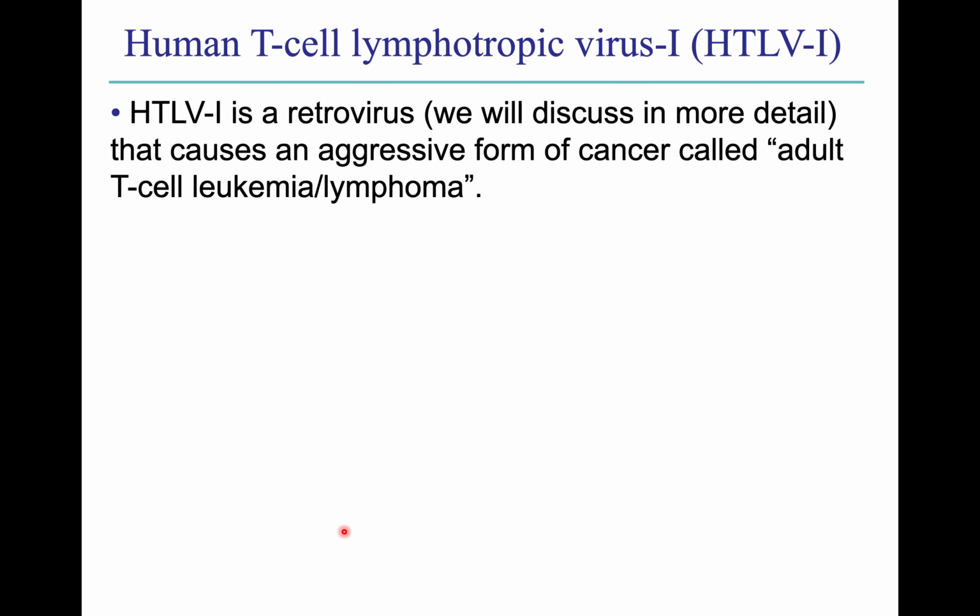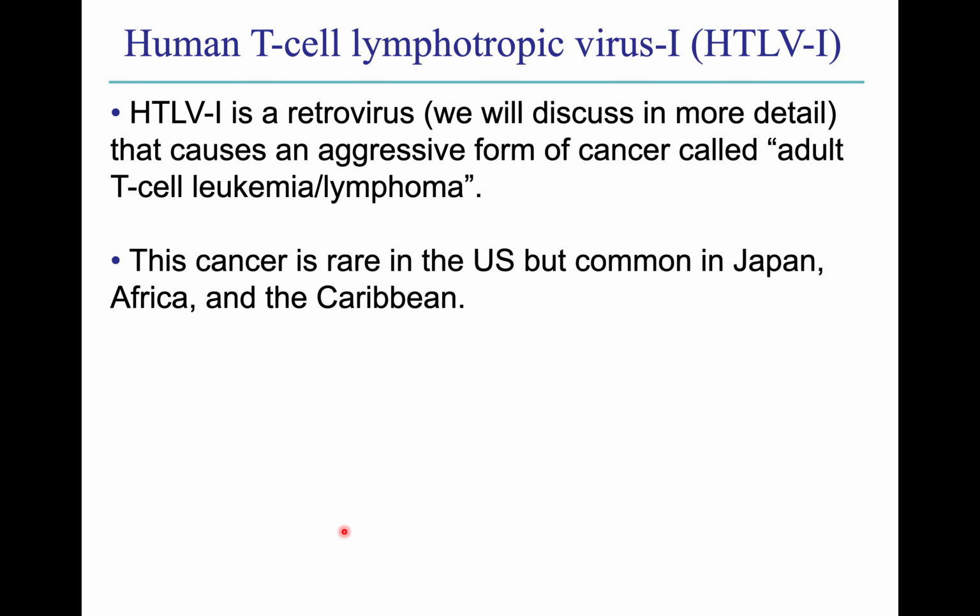HTLV1, which stands for human T-cell lymphotropic virus 1. This is a retrovirus, which we'll get into in a little bit more detail in the second half of the chapter, but it causes this rare and aggressive form of cancer called adult T-cell leukemia and/or lymphoma, depending on the particular case.